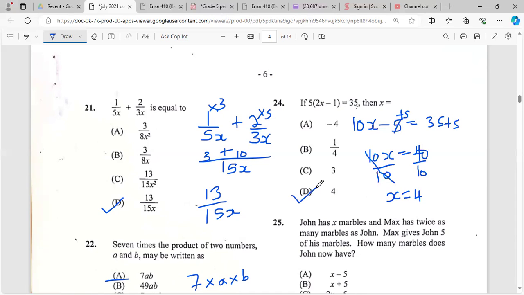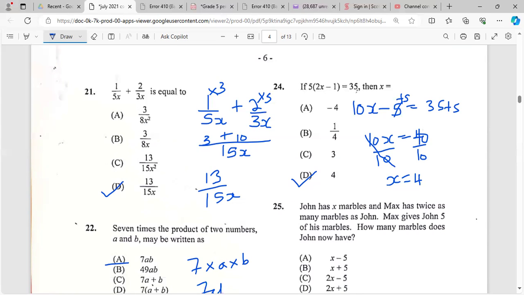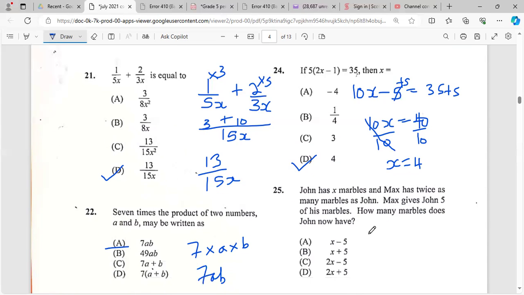Alright, 25 says John has x marbles. I like to write, guys. When I get these, don't take them for granted. Alright? So John has x marbles. Max has twice as many, which you can write as 2 times x, or x plus x, right?